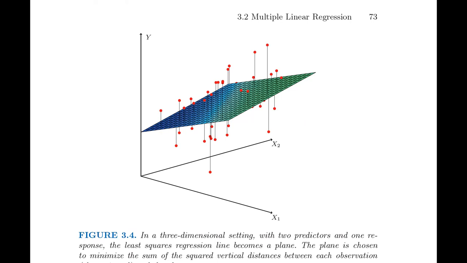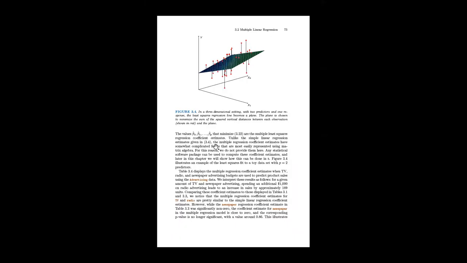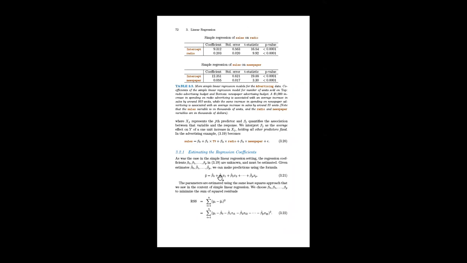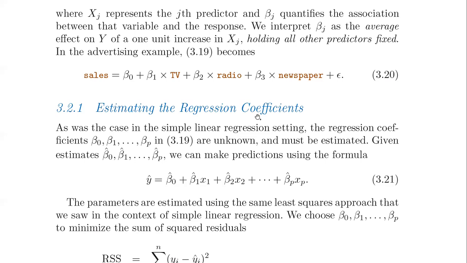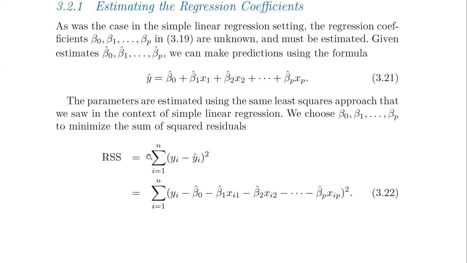My mind doesn't do a good job of visualizing such a coordinate system, but we're extending in the same kind of way that we have from passing a line to passing a plane through our data. We're going to use least squares to minimize the residual sum of squares.